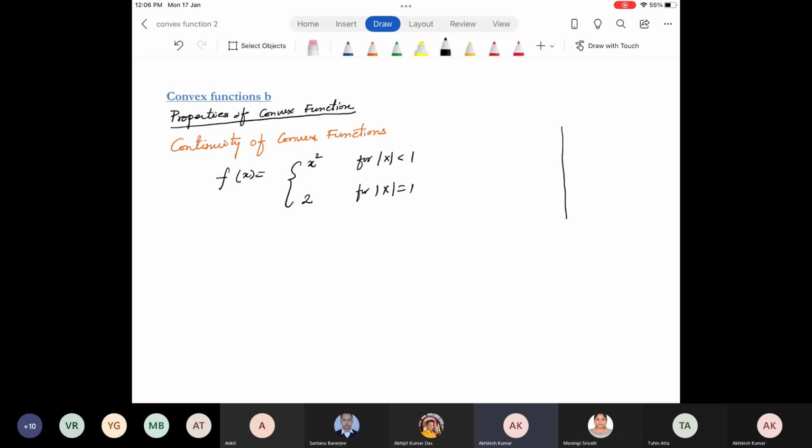So let's try to draw this curve. What is the set S on which it is defined? Can somebody tell me? -1 to +1. It is defined over -1 to +1. Now how does the function look?